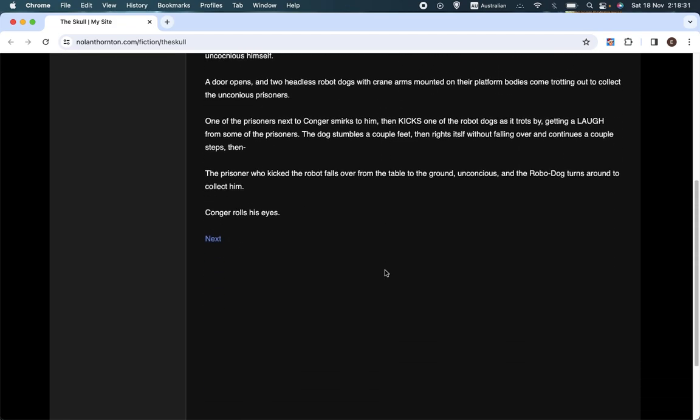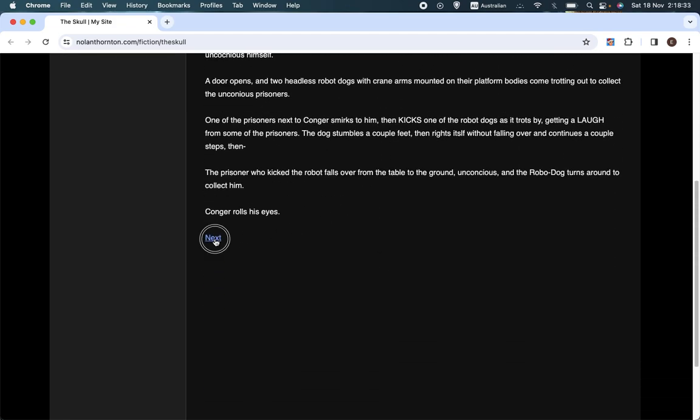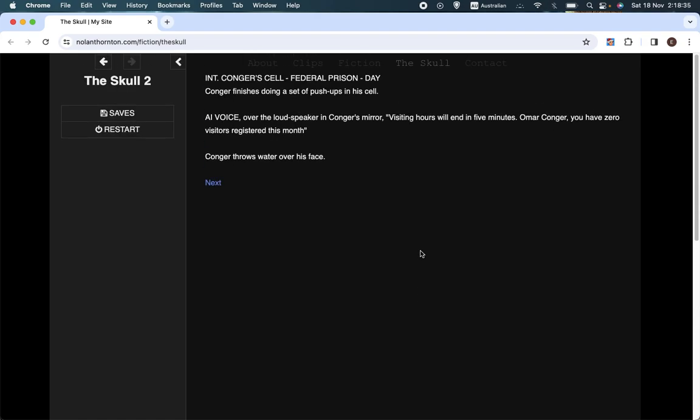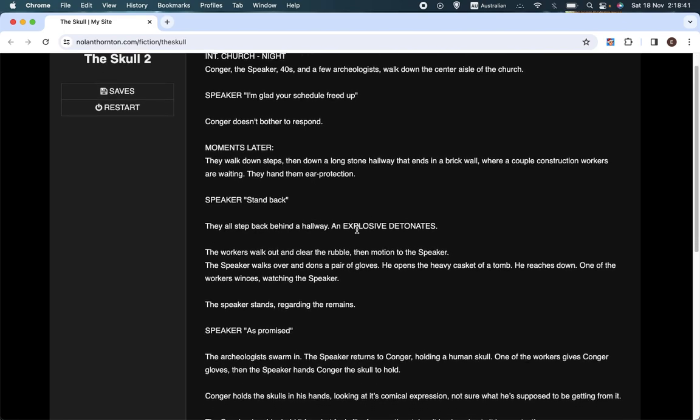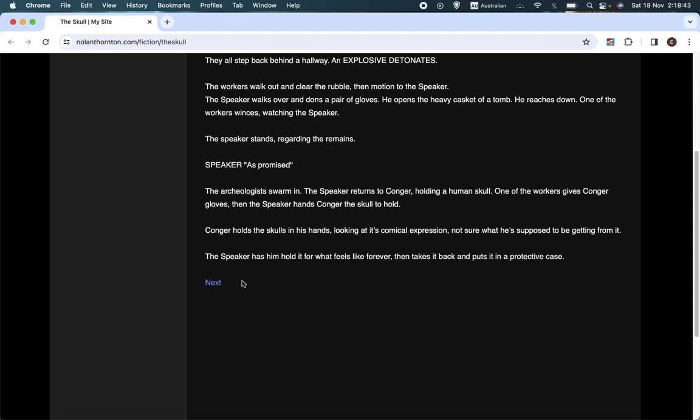So let's say I say no, and we get a fair bit of text, which is quite good, about life in the prison. A bunch of stuff about the main character, you. The main character, by the way, is always referred to in the third person.